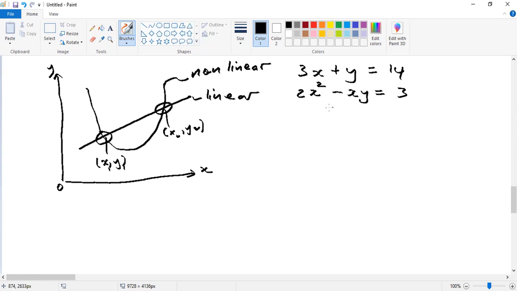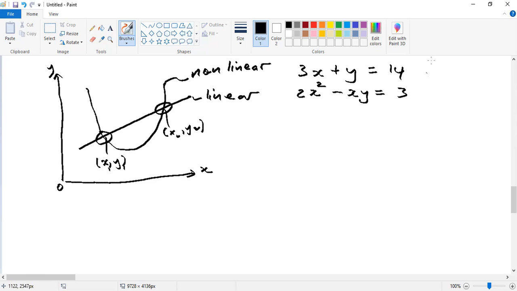To do a question like this, we can't do it like how we did the pair of linear equations before.